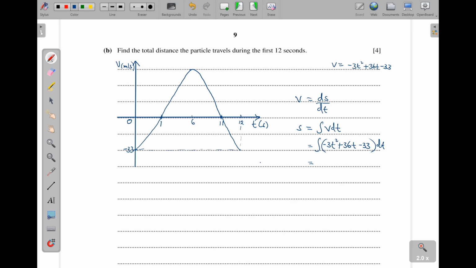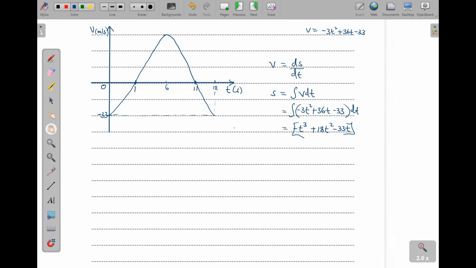Increase the power by 1, divide by the new power. So we shall have here negative t cubed, and then plus 18t squared, and then minus 33t. Maybe we can say plus c, but I have the limits.